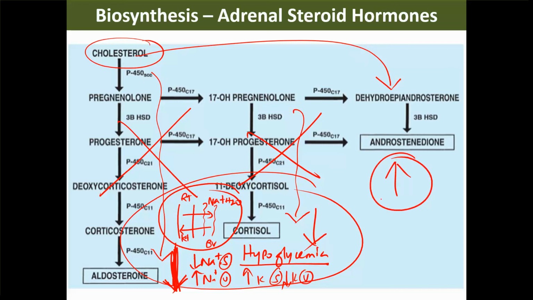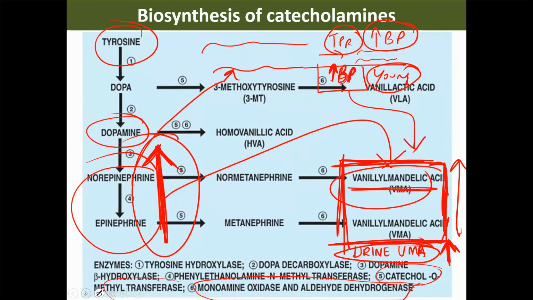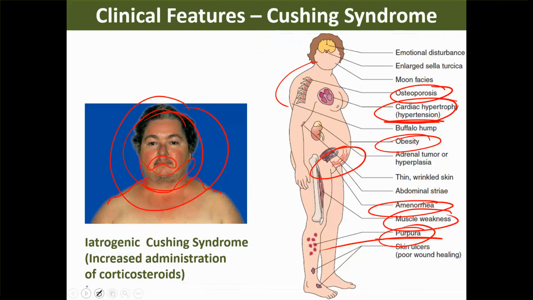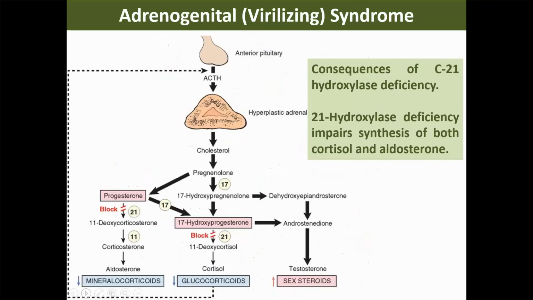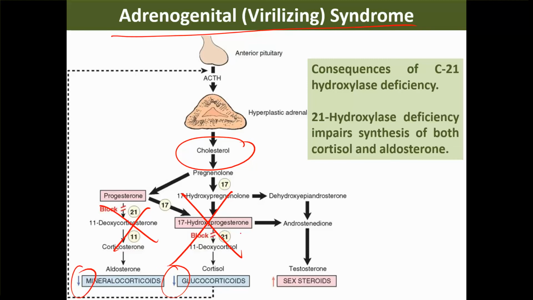Here androgen is increased, so that leads to virilizing, masculinization if it is in the female, and if it is in the male they go for precocious puberty. So let us explain here once again. In adrenogenital virilizing syndrome, see here the cholesterol, there is an enzyme block, there is no enzyme, so these levels are getting reduced, and automatically this all goes for conversion into sex steroids.